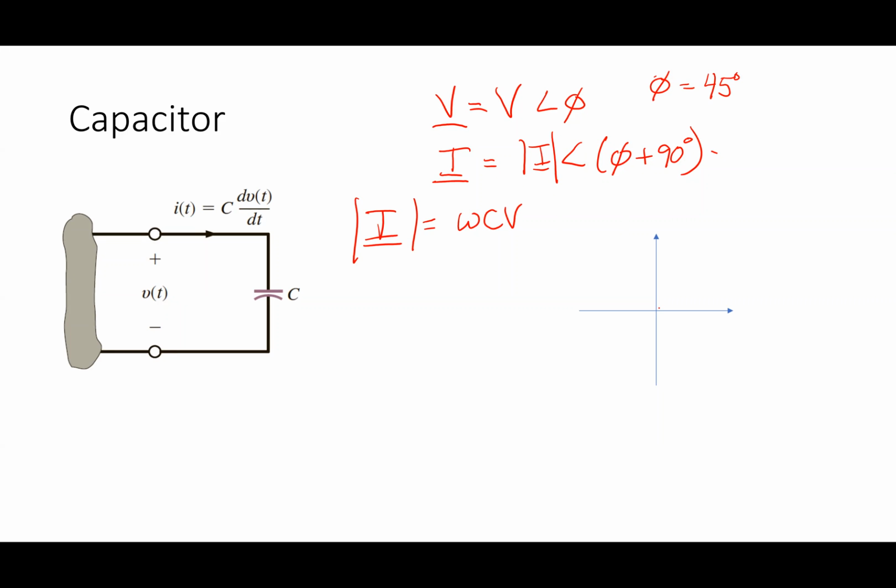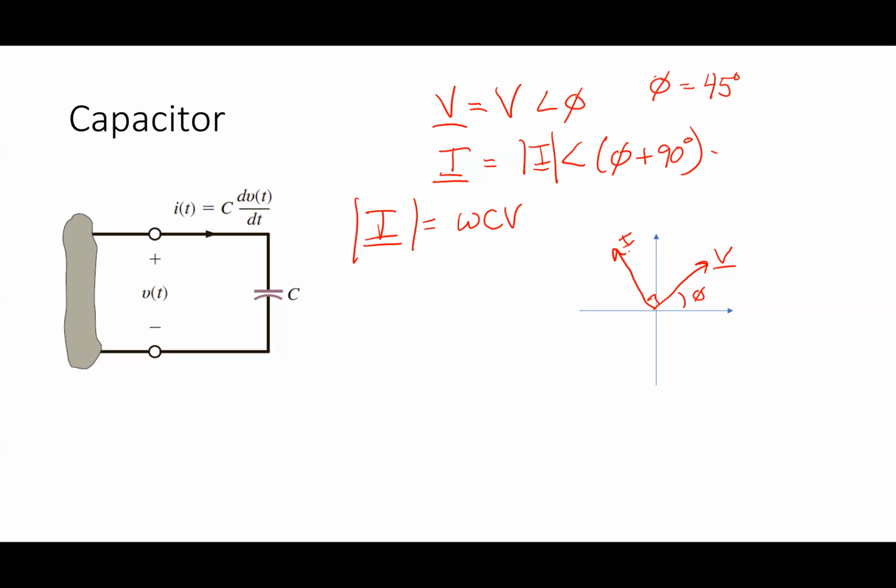All right, so here's V, and this angle is, in general, phi. Where would I draw the current? Second quadrant. And how much do I need to turn it from the voltage? 90 degrees, because the angle of the current is 90 degrees on top of the angle of the voltage. So I rotated that guy by 90 degrees, and he's going to be over here.